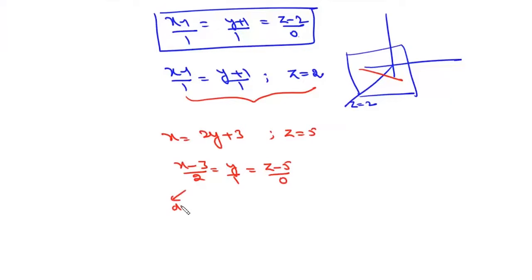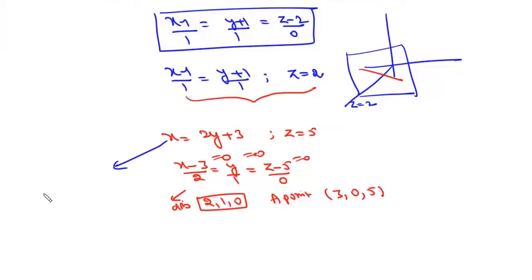So direction ratios of this line are 2, 1 and 0, and a point on this line will be, if we put everything as 0, we'll get this point as 3, 0 and 5. We can also write this as x upon 2, y plus 3 by 2 upon 1, and this is z minus 5 upon 0.